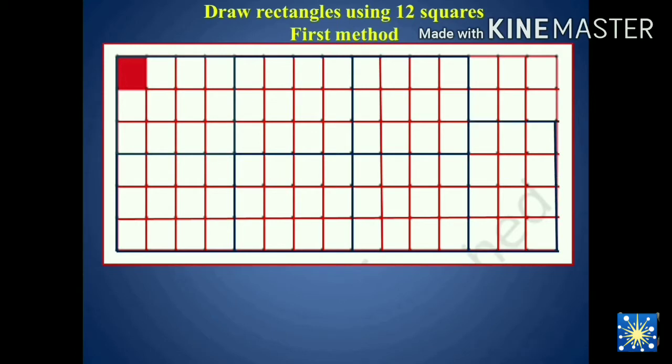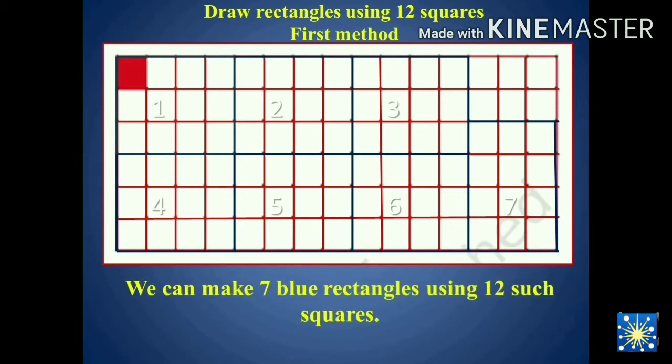Yes, now count how many rectangles we have made. 1, 2, 3, 4, 5, 6, 7. So we have made 7 blue rectangles using 12 squares.